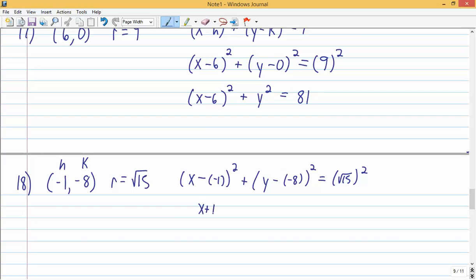So x plus 1 squared plus y plus 8 squared equals the square root of 15 times the square root of 15, which is 15. Alright, so that's your answer.